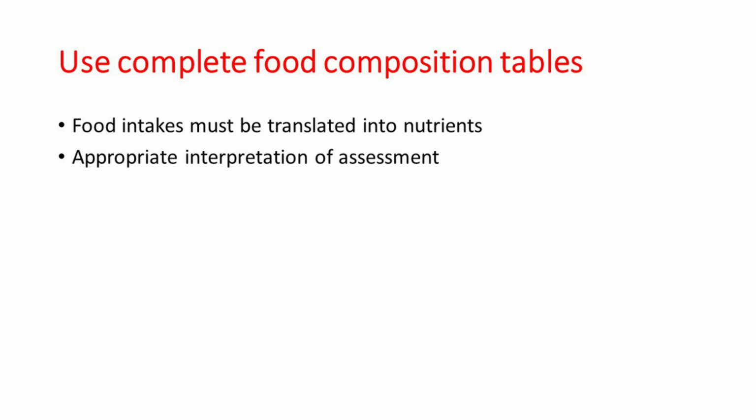Accurate nutrient intakes can be obtained if up-to-date and complete food composition tables are available. The composition of fortified foods, nutrient supplementation, and beverages must be included, and tables must be complete for all nutrients and other bioactive substances of interest.